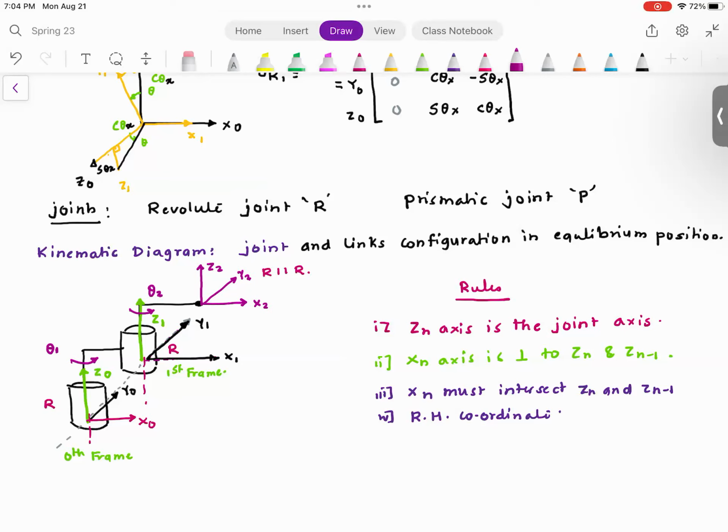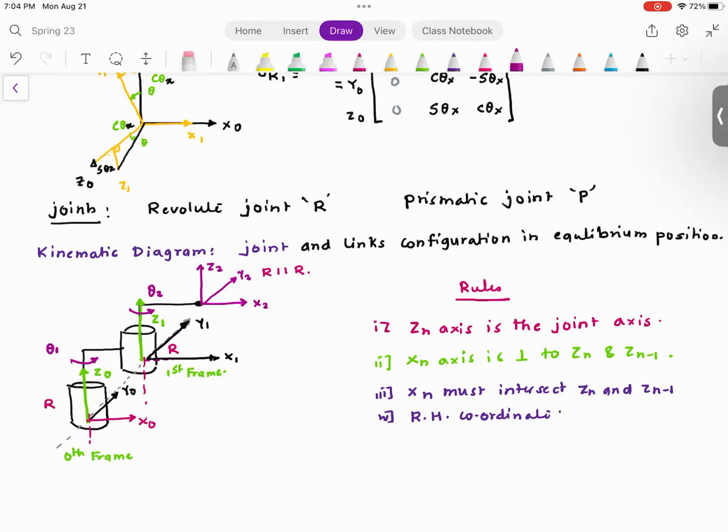Curl your fingers in the direction of theta 2 rotation. Thumb is pointing in the direction of z1. So please understand that theta 1 rotation is positive and theta 2 rotation is positive. Believe it or not, this is extremely important. But once you understand this, entire forward kinematics is done.